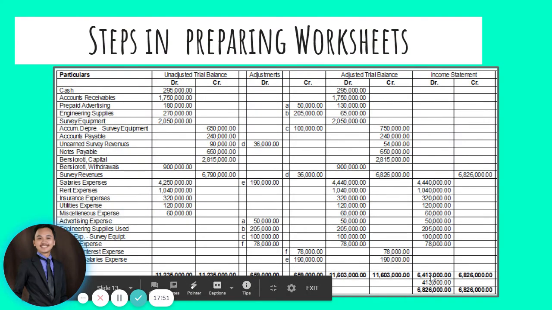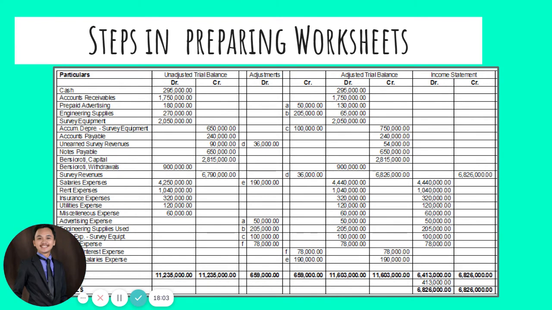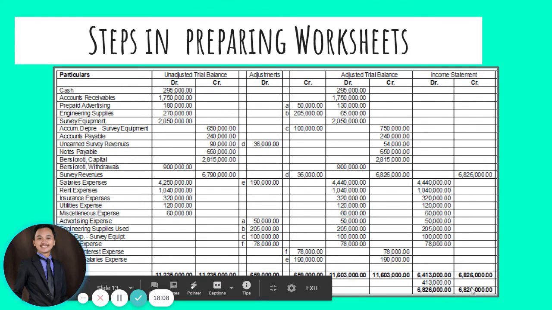So that means we have a profit of 413,000 because your total credit is higher than your total debits. Okay? So to adjust, guys, you put the profit on the debit side so that we have equal debits and credits of 6,826,000 both for debit and credit.